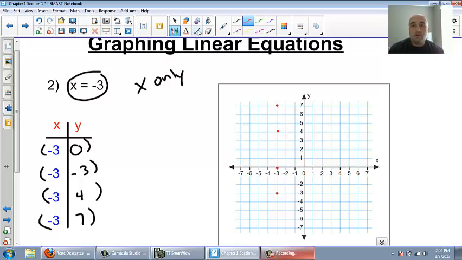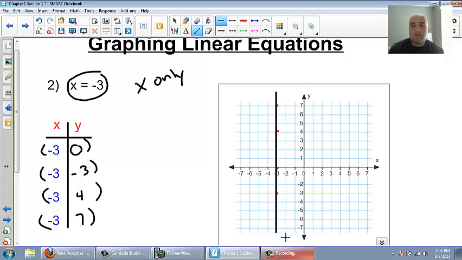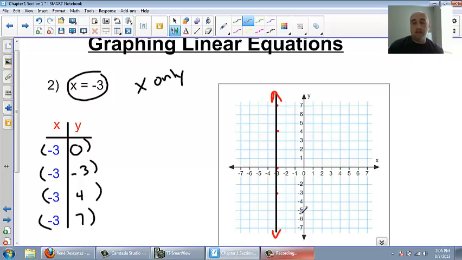And as you can tell here, what kind of line does it form? It forms a vertical line through those points. And I forgot to mention this on the previous page. Please do not forget to draw arrowheads on your graphs, meaning that the line goes on forever.